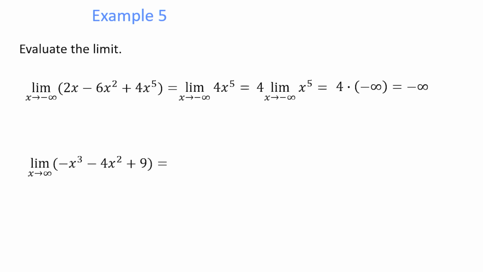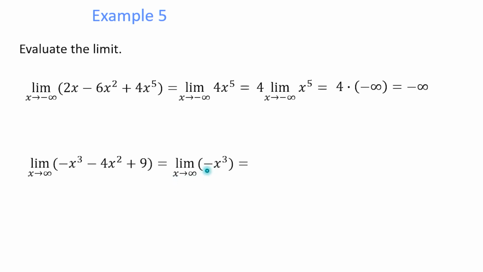Now let's see what to do in the second question. Again, we can use the same idea. We can use the highest degree term and find the limit of only this term. So the limit of this term is shown as the limit of negative x to the power of 3 as x approaches infinity.